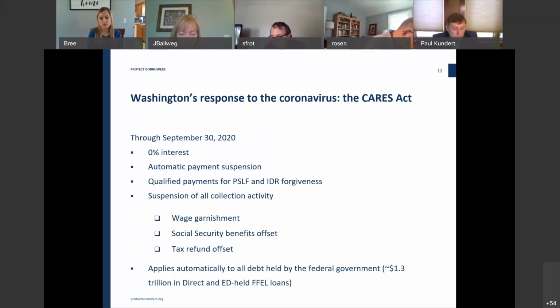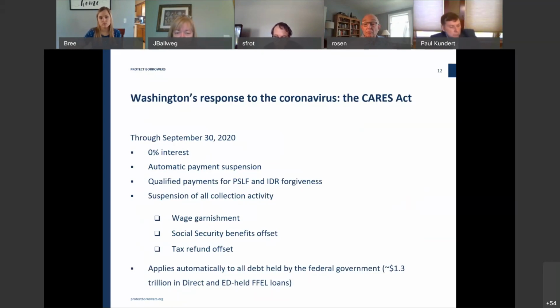The other thing is that both the administration and Congress have halted all of the extraordinary collection tactics that the federal government has if you fall behind on your student loan. If you become seriously delinquent on your federal student loan, the government can seize your Social Security benefits, take away your earned income tax credit, even without a court order, and go to your employer and start seizing a pretty significant portion of your wages.